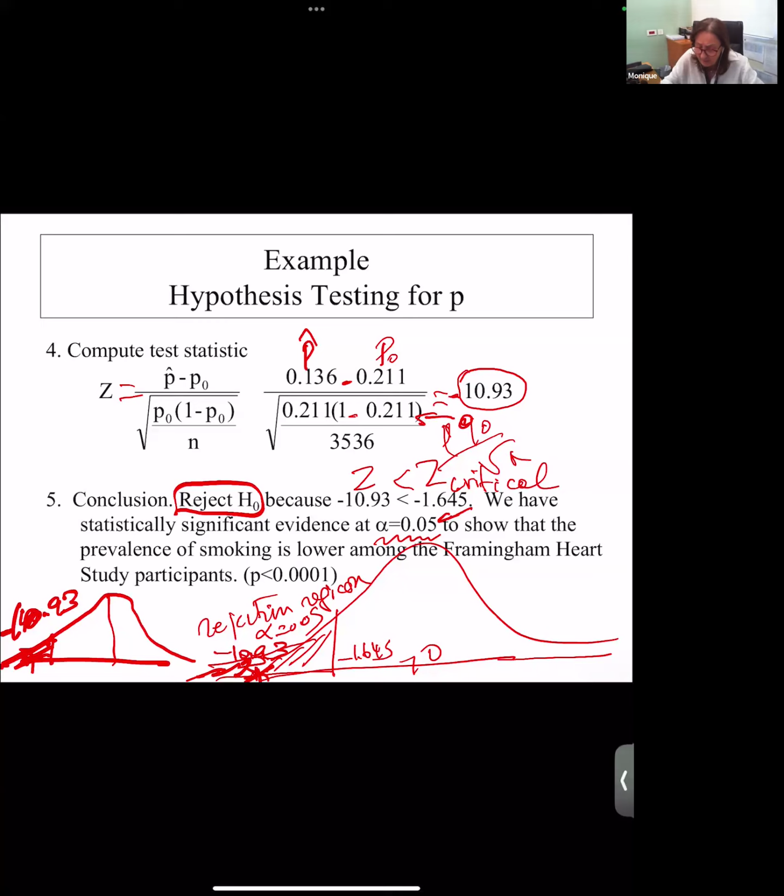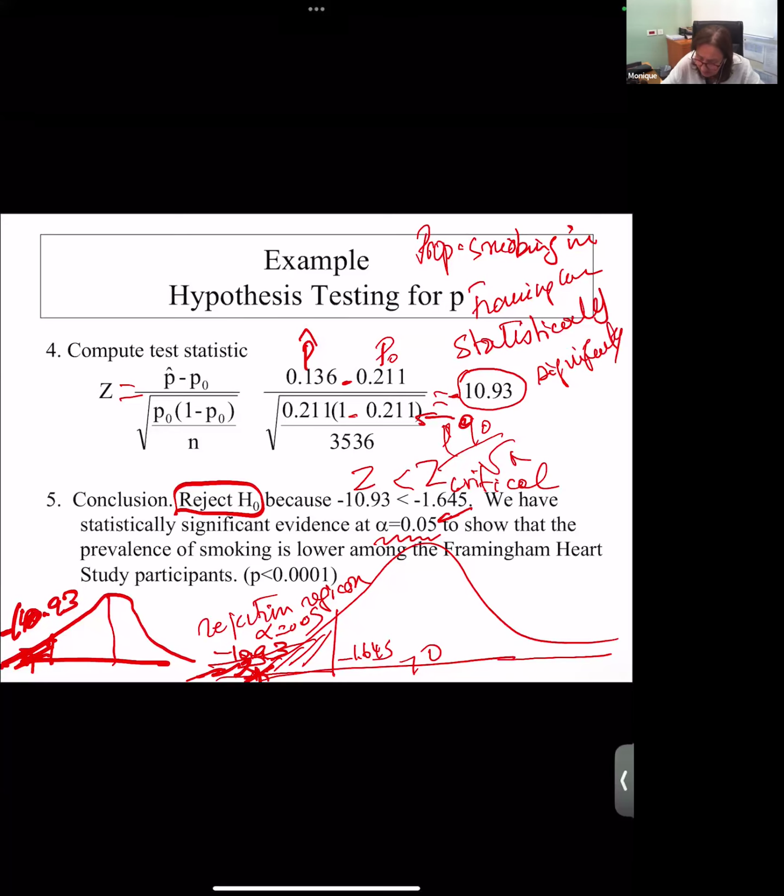So we can say it: the proportion smoking in Framingham is statistically significantly less than the national prevalence.